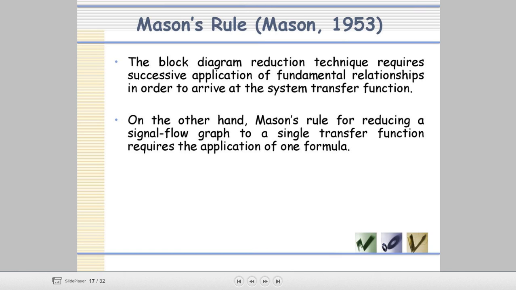The block diagram reduction technique requires successive application of fundamental relationships in order to arrive at the system transfer function. It is a tedious technique. On the other hand, Mason's rule for reducing a signal flow graph to a single transfer function requires the application of one formula. In this we only have to apply the one formula, that is called as Mason's gain rule. We will get the answer. This is a very simple technique.